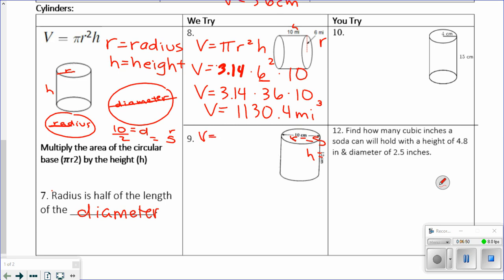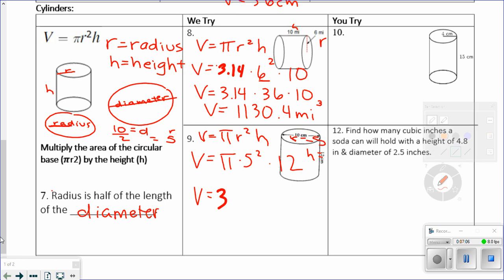So volume equals pi r squared h. Now it's just a game of substitution. Pi times radius squared, so times 5 squared, times the height, which is 12. So we've got volume equals, let's go ahead and write out 3.14 times 25, because 5 squared is 25, times 12.